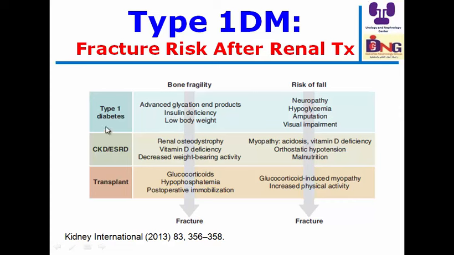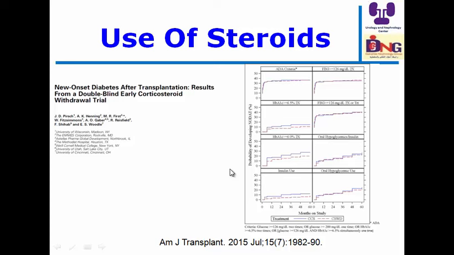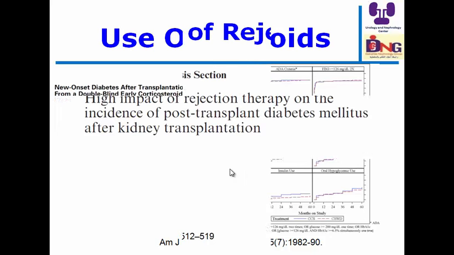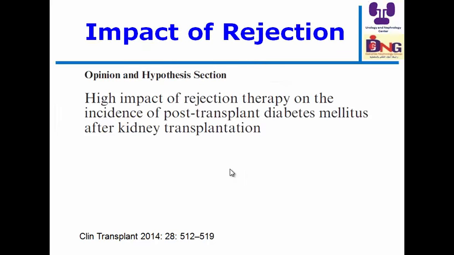This is a very interesting study because it shows in a double-blind fashion that the use of a small dose of steroid is not so harmful. So if we have a patient with immunological risk, we can use steroid.